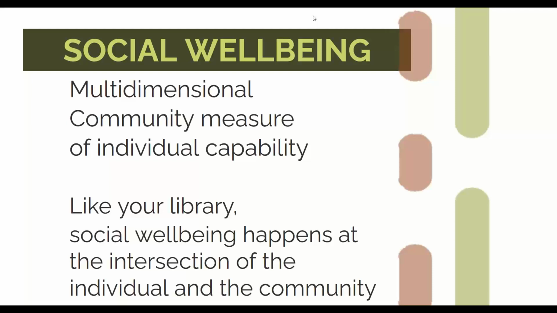So what we notice is that social well-being often connotes for people things like physical health, mental well-being. Sometimes people have a sense that it would also be about social connection, whether or not we feel isolated or lonely, whether or not we feel a part of a group.